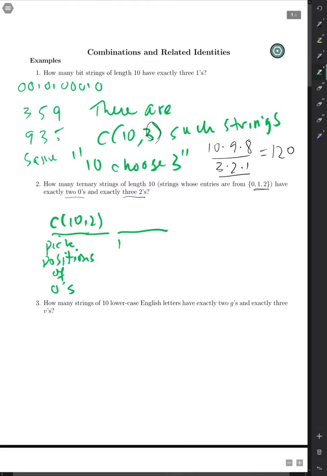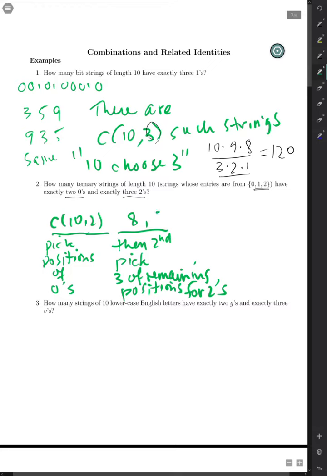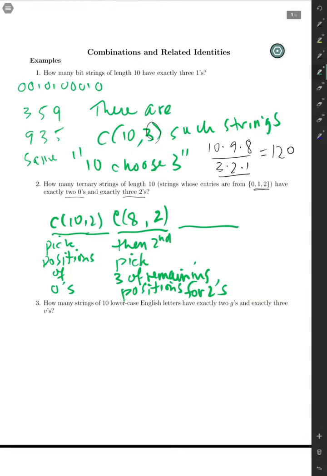And then second, pick 3 of the remaining positions for the twos. There are 8 remaining, so it would be 8 choose 3, like so. While we don't have to do this, it's kind of interesting to see what it does.